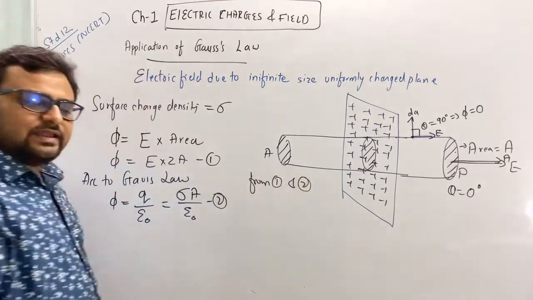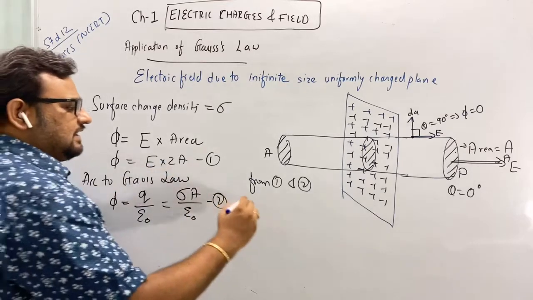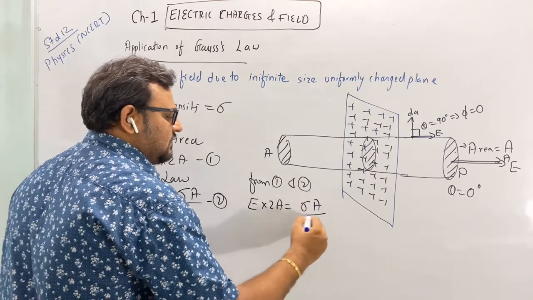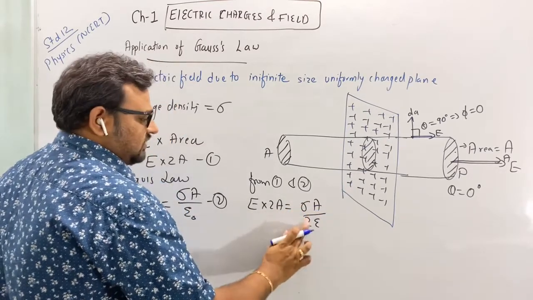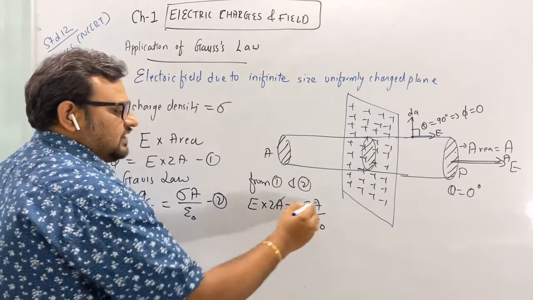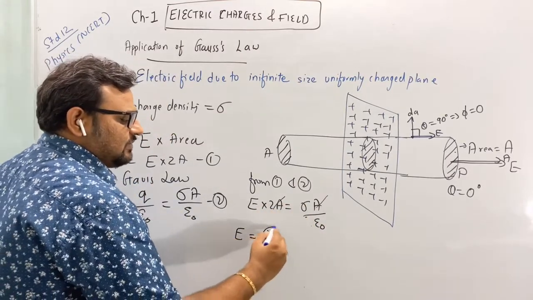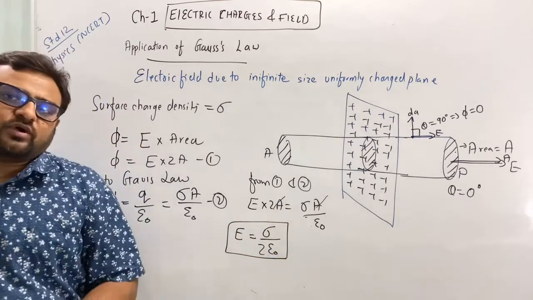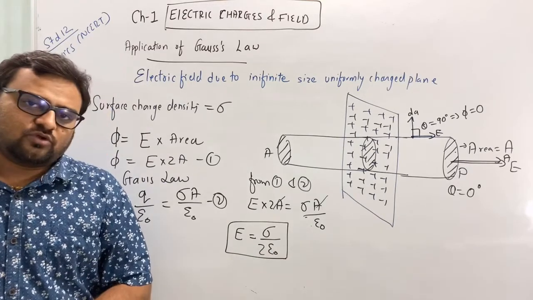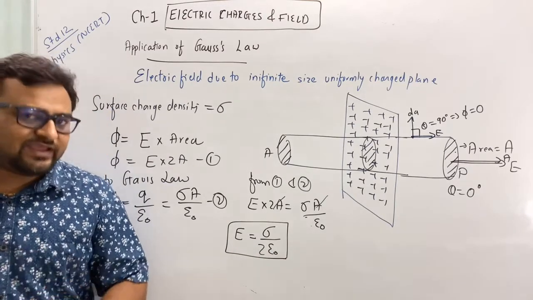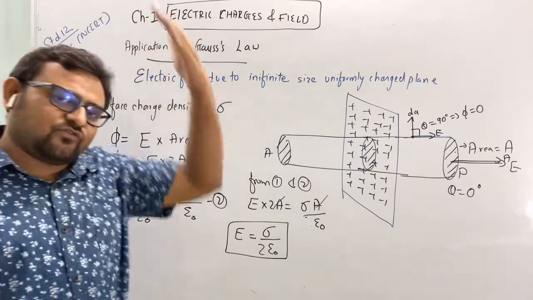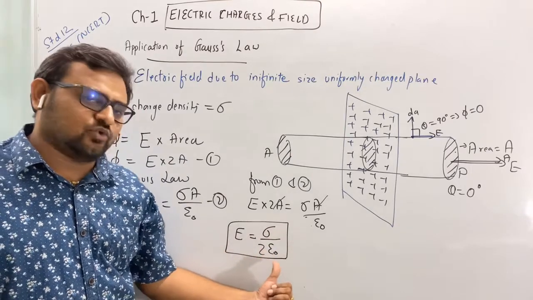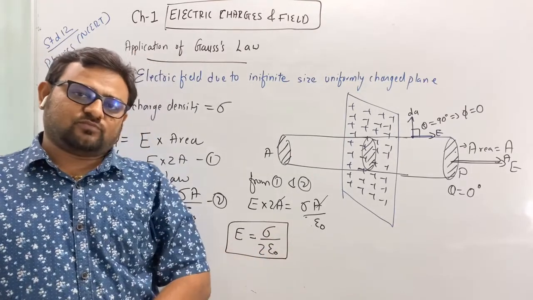From 1 and 2, I can write E into 2A equal to sigma A by epsilon 0. A gets cancelled, so the electric field is equal to sigma by 2 epsilon 0.